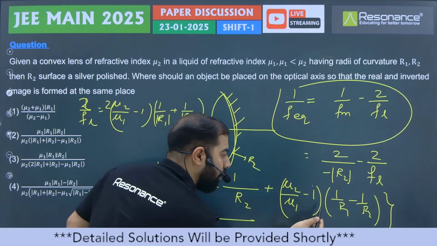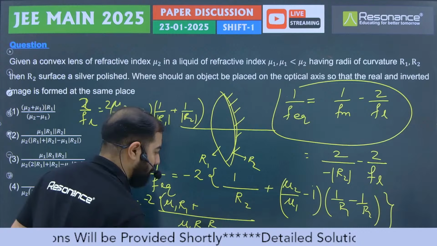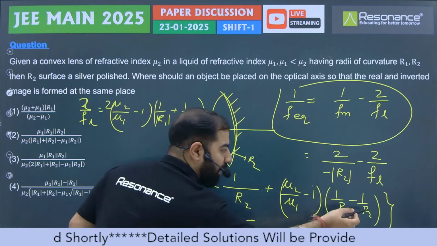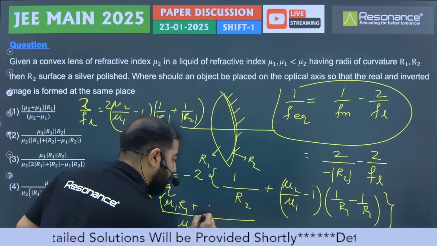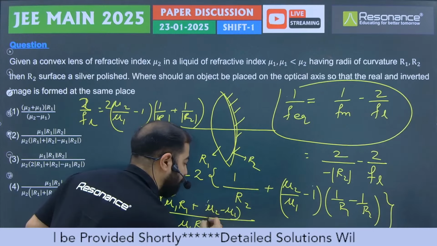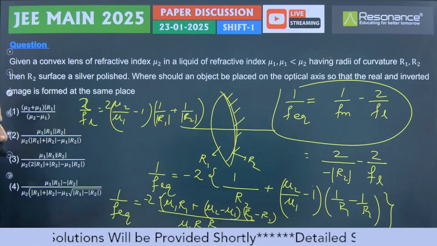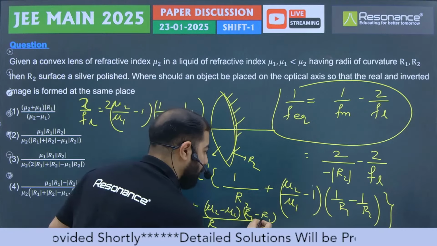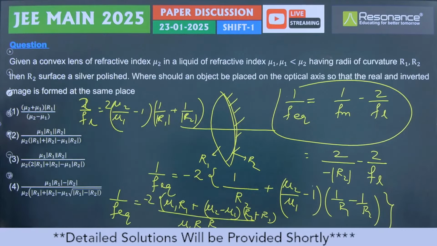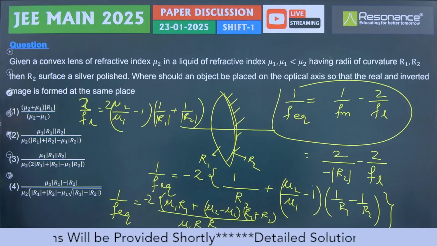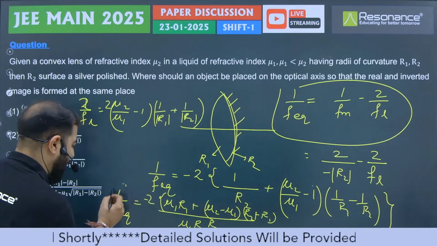Next, there is R2 minus R1, and there will be mu2 minus mu1 here. Are we okay with this? So here will be plus. Fine. So this is 1 by F equivalent.